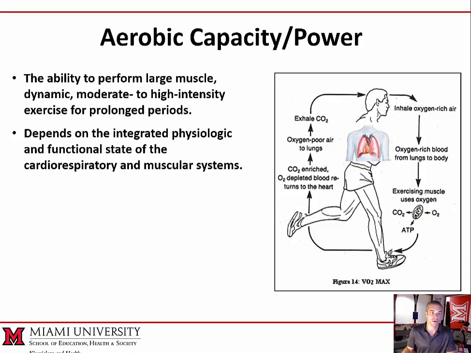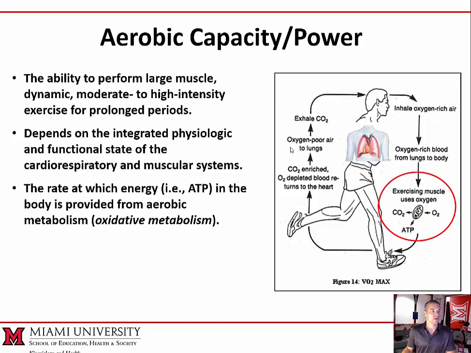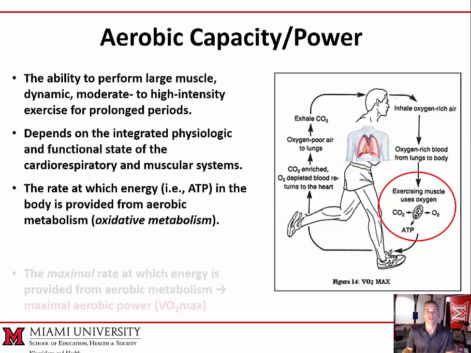And again, this cycle repeats itself over and over again, providing oxygen that's utilized to produce ATP as a fuel source for exercise. So essentially, aerobic capacity represents the rate at which energy in the form of ATP in the body is provided from aerobic metabolism, also known as oxidative metabolism or oxidative phosphorylation.